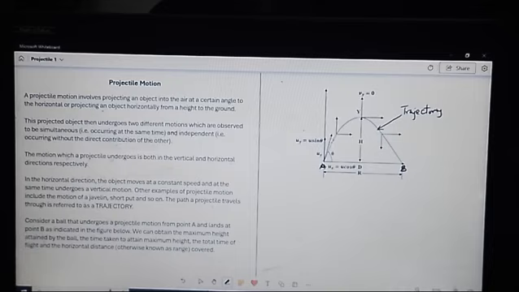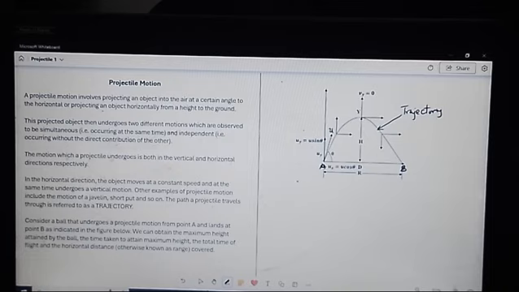So if that is the case, the velocity of the object is neither in the vertical direction nor in the horizontal direction. Rather, it's at an angle to the horizontal, which is between the vertical and the horizontal. So this makes this velocity u have both a horizontal component and a vertical component.